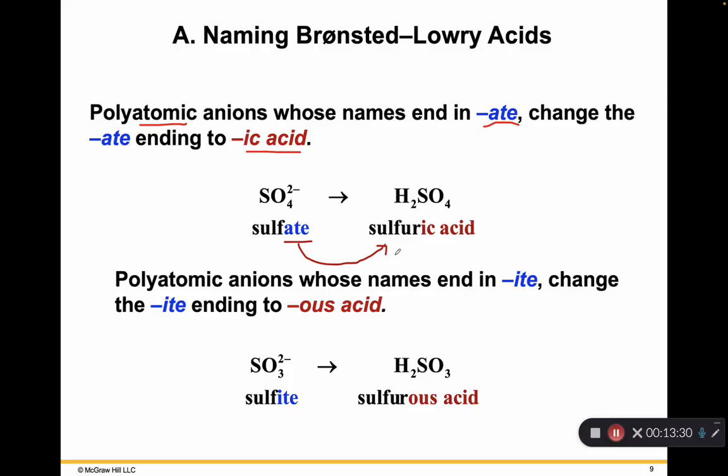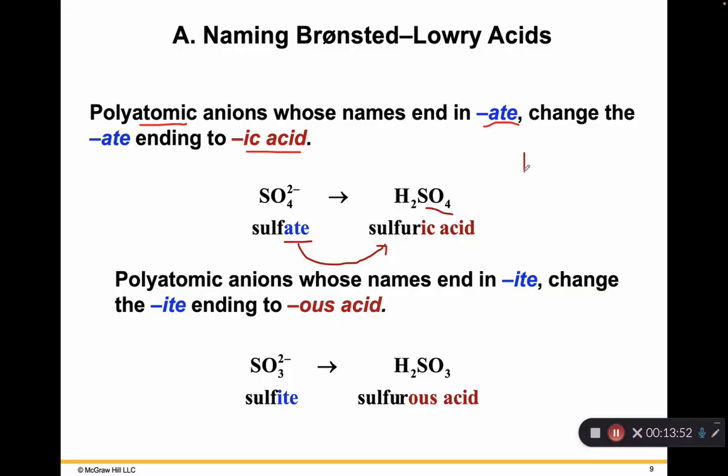So the formula H2SO4 has the ion sulfate, so I write the name sulfuric acid. I do not write hydrosulfuric acid. This is because the name of the anion ends in "ate," not in "ide."